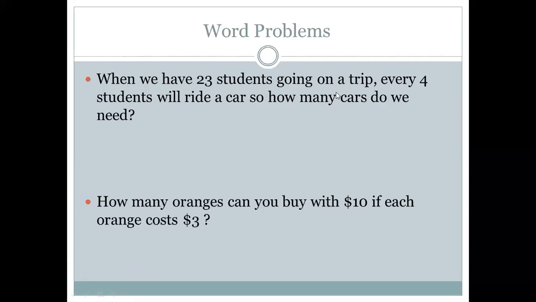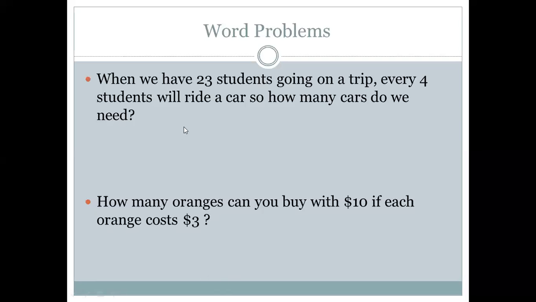So how many cars do we need? Now, let's think about it. I have 23 students, and every 4 students will ride a car. So how many cars do I need?